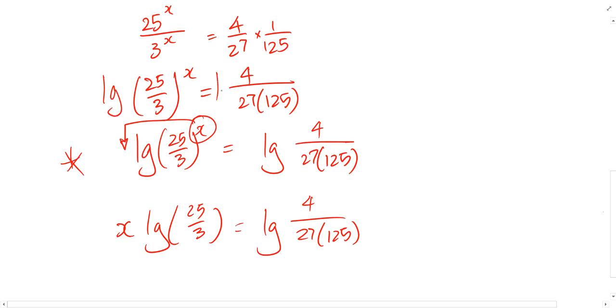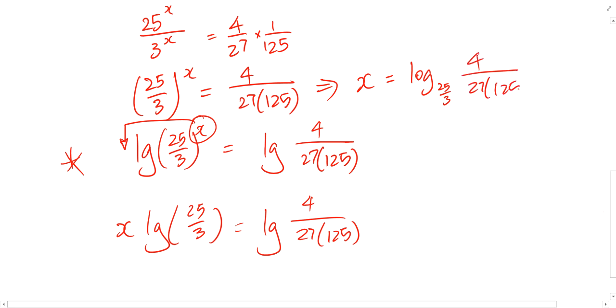Like this, log base 25 over 3. So you are saying that x simply equals log base 25 over 3 of 4 over 27 times 125. Is that what I'm saying?